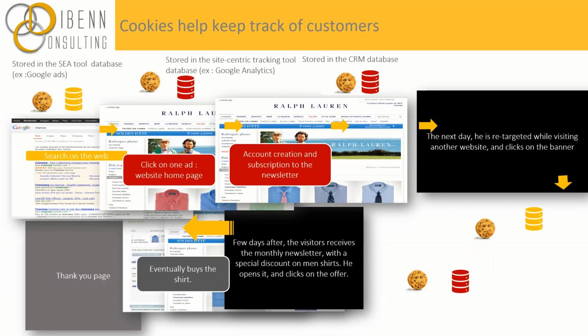A good example is Google Analytics. Then, when that person creates an account or subscribes to the newsletter, this is surely stored in the CRM database of the advertiser. CRM stands for Customer Relationship Management.